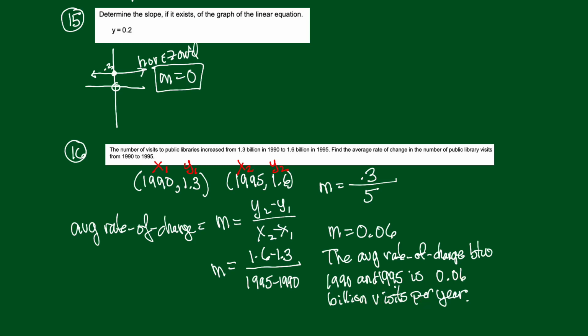If you look back at the slope, if you write the slope as a fraction, which is really what it is, the top number is the change in the output and the bottom number is the change in the input. If I write this as a fraction, 0.06 over 1, the top number is the number of visits and the bottom number is the number of years. So in 1 year, we'll increase by 0.06 billion visits.